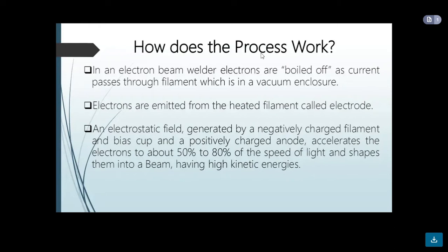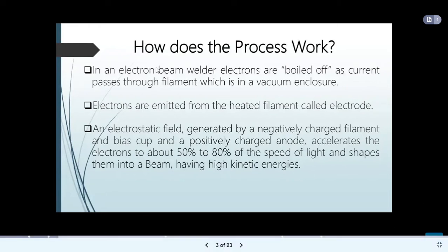When we apply the high voltage to the tungsten filament, it gets heated and its temperature reaches 2500 degrees Celsius. When the tungsten filament reaches 2500 degrees Celsius, it emits the electrons. So this is the process of the formation of the electrons. The electrons are emitted from the heated filament.